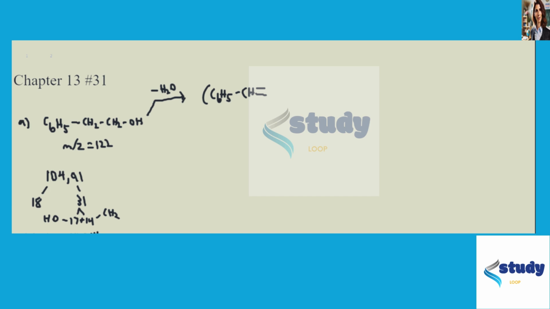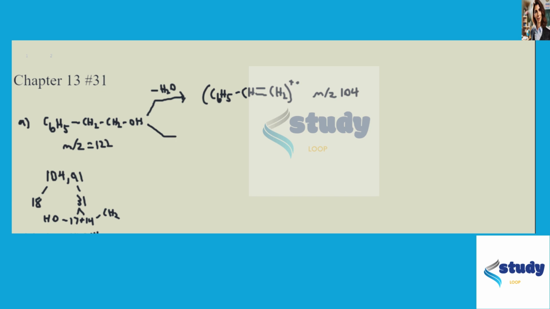We'll have a double bond here as a result of the dehydration reaction. So CH, CH2, and then we'll have the neutral radical. And so the m/z here does in fact equal 104. So that's where our 104 comes from.